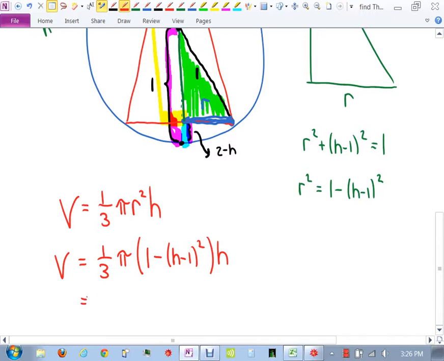Let's FOIL that out inside, expand it. 1 minus (h squared minus 2h plus 1) times h. Just make sure I did that right. h squared minus 2h plus 1.